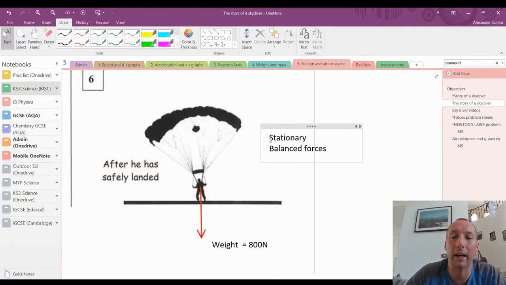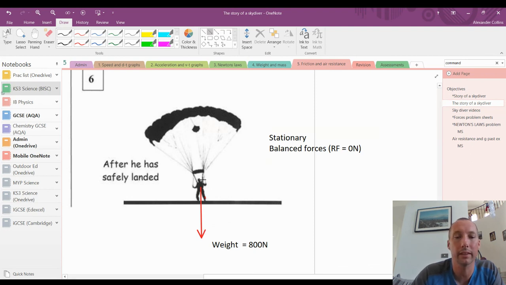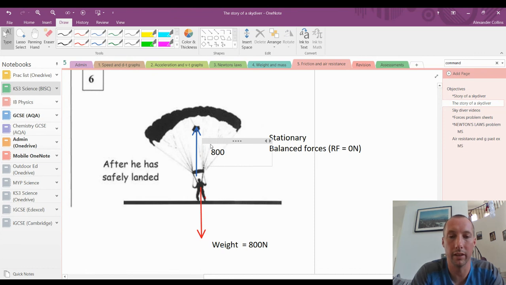So we're going to move backwards through this one. Now, if there's balanced forces, that means the resultant force is equal to 0 newtons. But at the moment in my diagram, I've got 800 newtons acting downwards, but I've not got anything acting upwards. So I better add something to balance the forces. I know it's going to be 800 newtons upwards, because if it wasn't, it wouldn't be balanced.